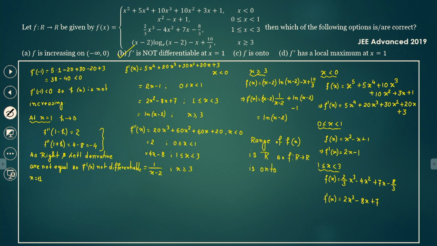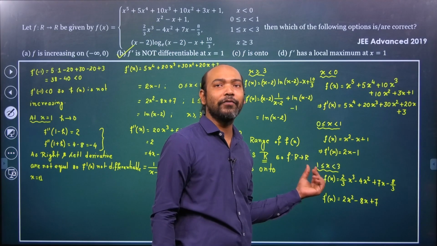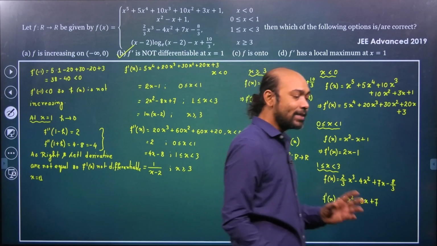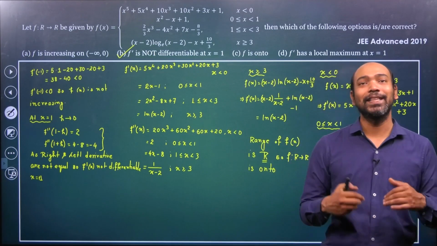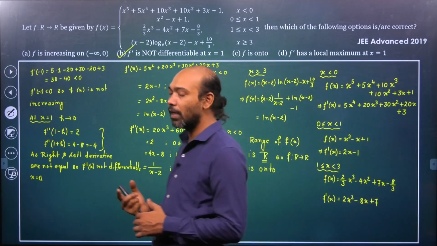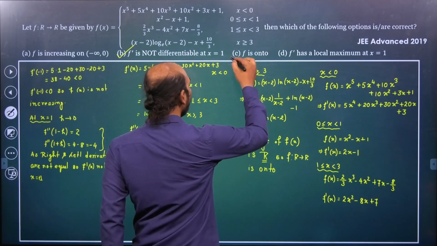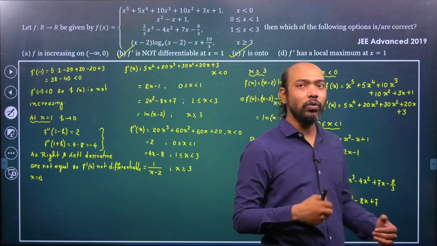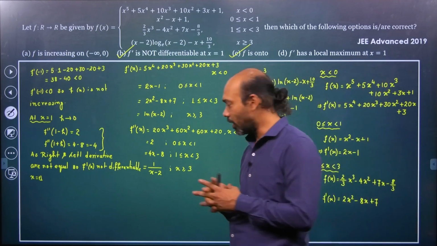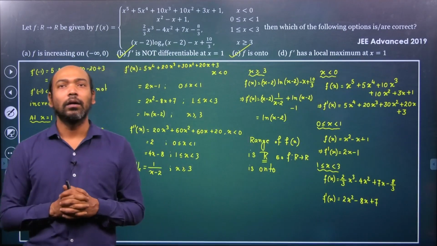It's saying that as it's a polynomial function, that's why the range of the function is R, and that's why you can say it's onto.